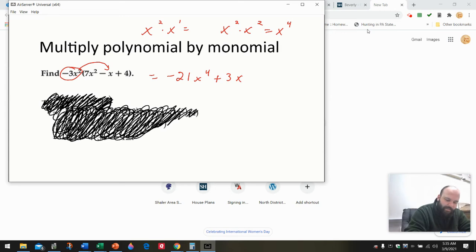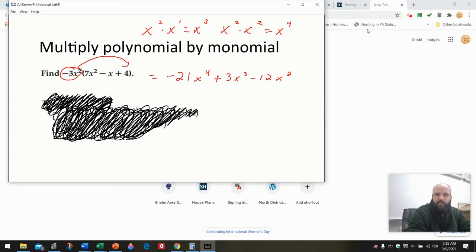Now, the last distributive part that we're going to do is negative 3x squared times positive 4. So negative 3 times positive 4 is going to be negative 12, and then you need to include the x squared.